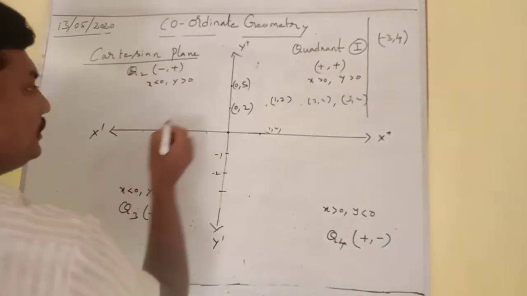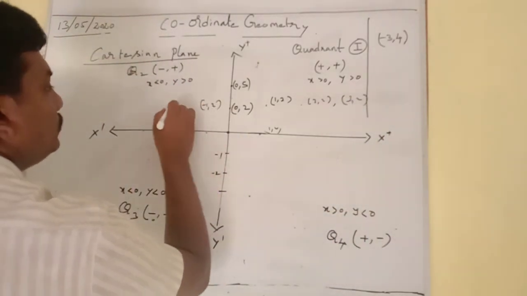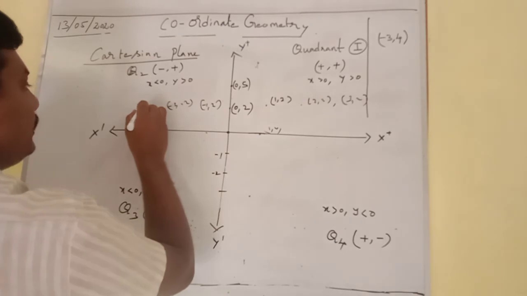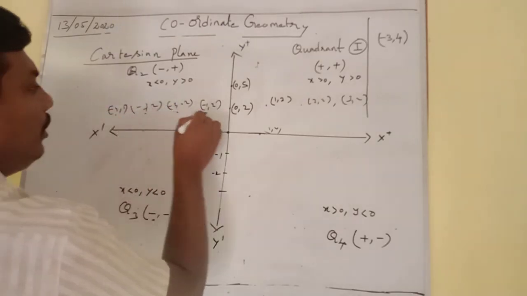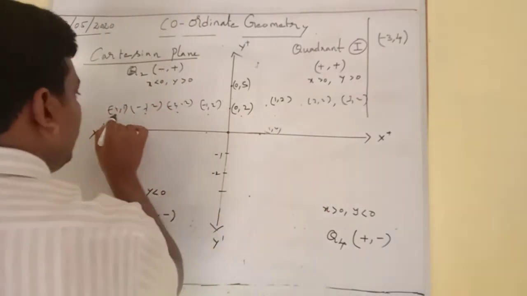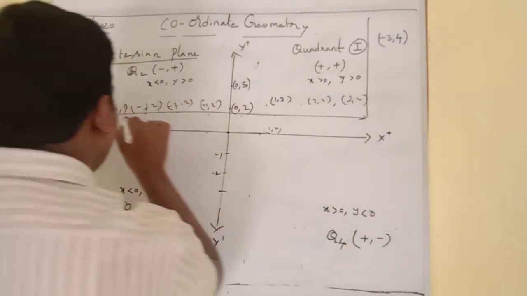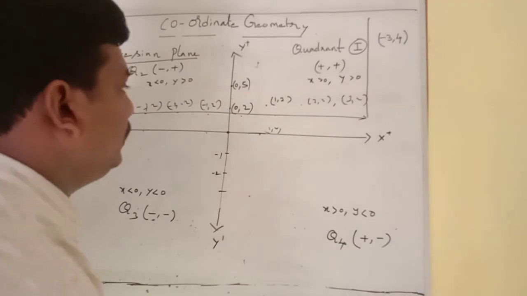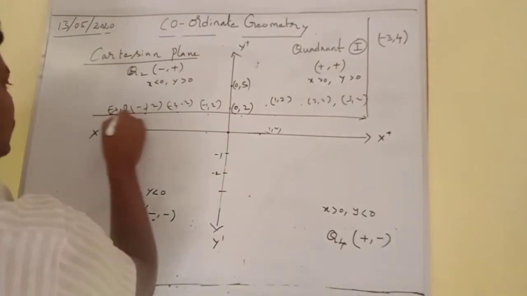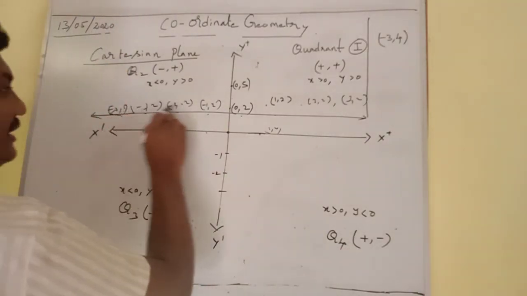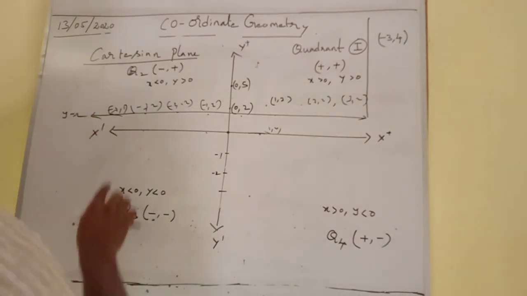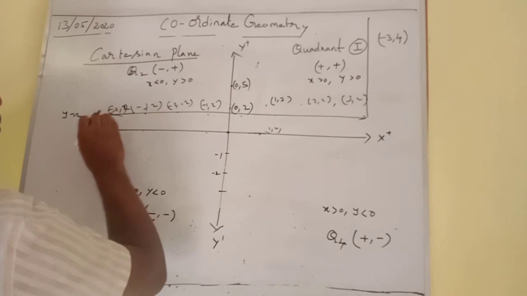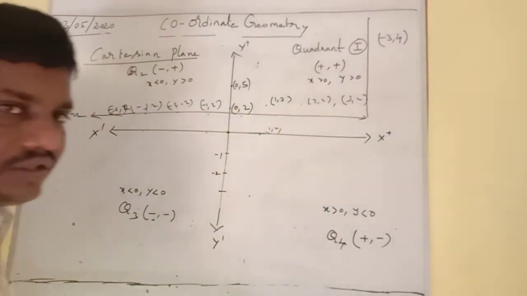Like that we can consider (-1, 2), (-2, 2), (-3, 2), (-4, 2). If you join all these points, it forms a line where y is a constant value. It is the line y = 2, because y = 2 in every case.